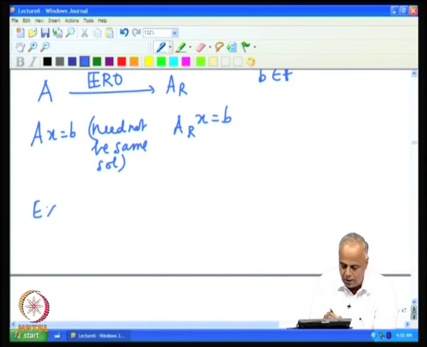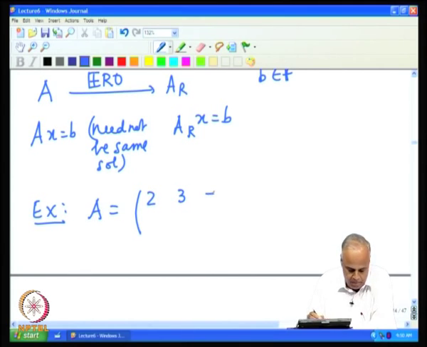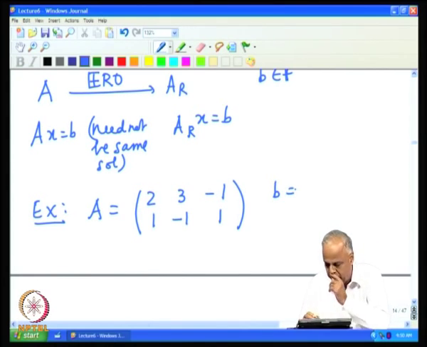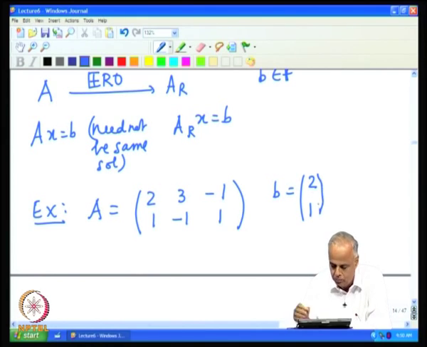Let us look at an example to illustrate this. Let us consider the matrix A equal to [2, 3, minus 1; 1, minus 1, 1], and B equal to [2; 1].